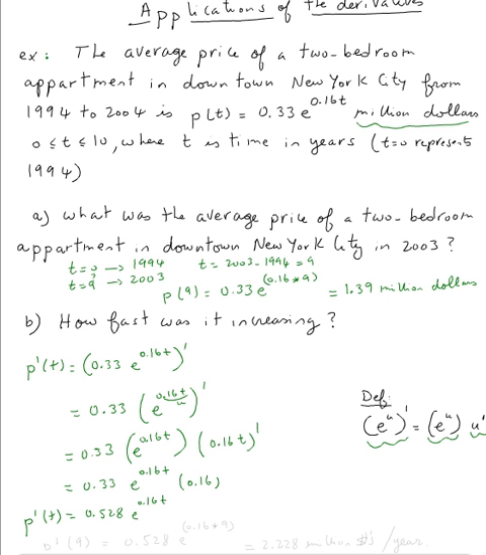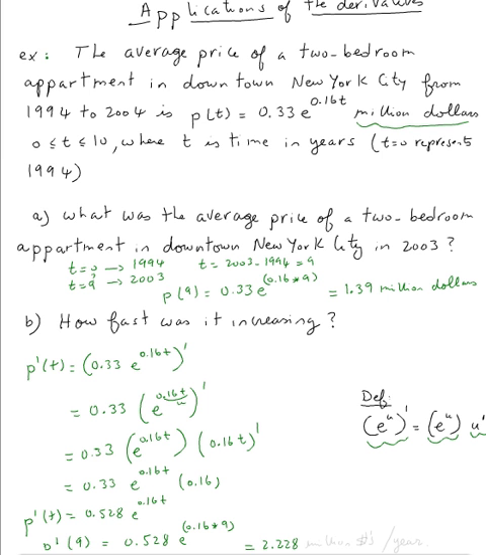But remember, I want to know how fast it was increasing when t was 9. So I need to find P prime of 9, which is 0.0528 e to the 0.16 times 9. Just use your calculator. You're supposed to get 0.2228.